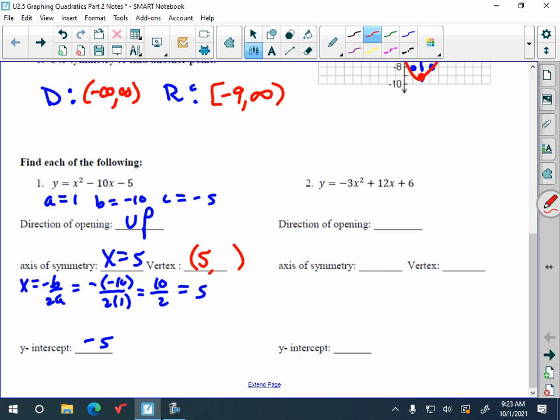All right, now to get the y, just plug 5 in for x in the original problem. So again, this number is going in for x. Solve for y. All right, so 5 squared minus 10 times 5 minus 5.